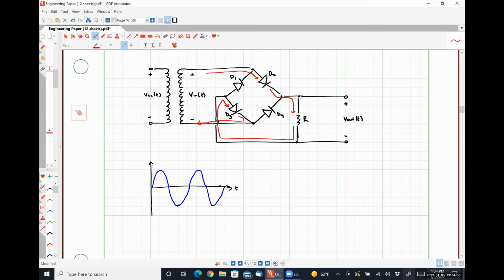So it goes like that. So that's what our current is doing. So the maximum voltage drop that our resistor R should see is V peak minus 2 VD-ons, because there are 2 diodes in the signal path.